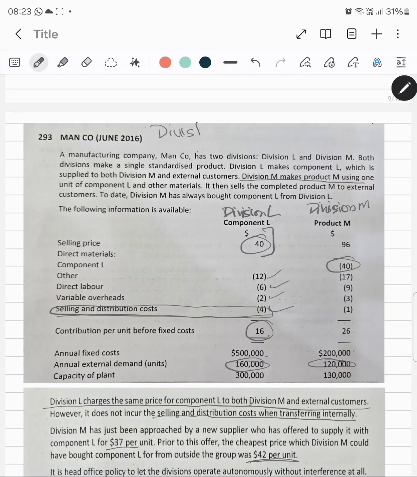One thing we need to note is that division M is only making external transfer, which is an obvious thing.